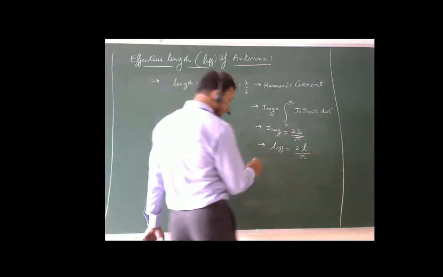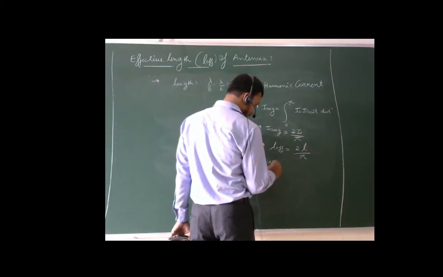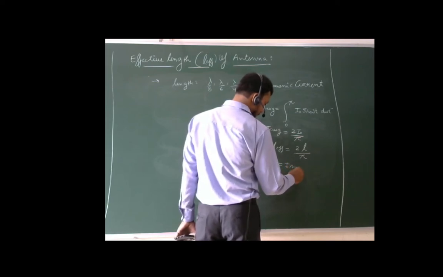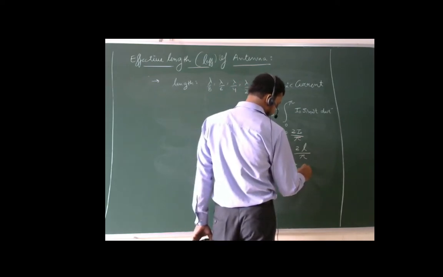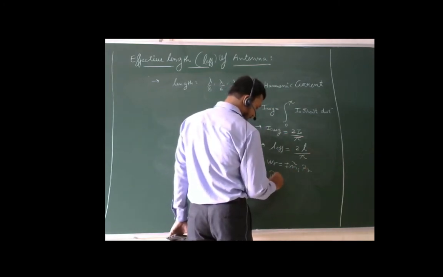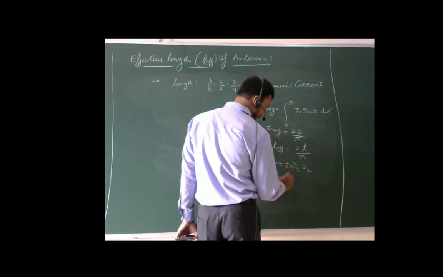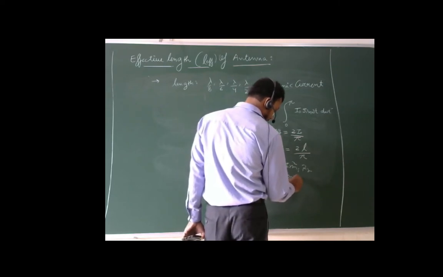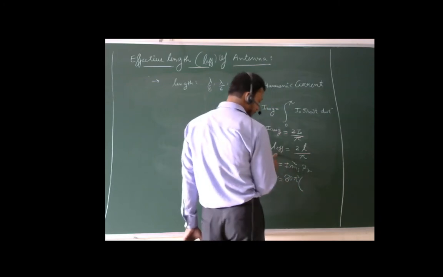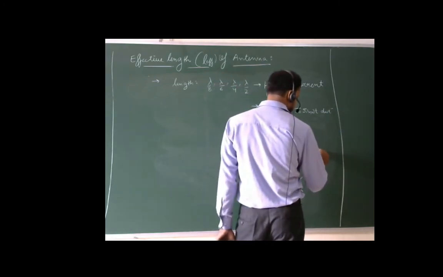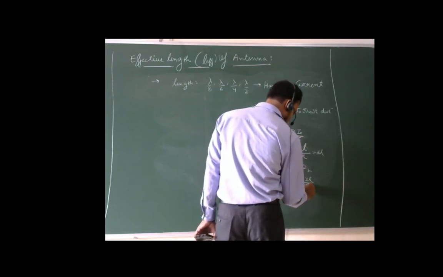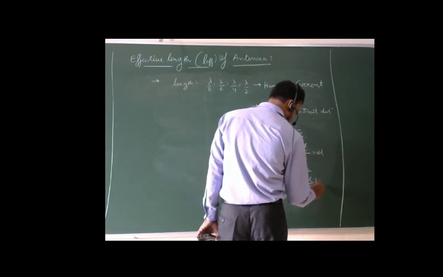Now the power will become WR is equal to, again, I RMS square and RR, and this RR, radiation resistance, is equal to 80 pi square. So instead of dl we put 2L by pi into lambda whole square.